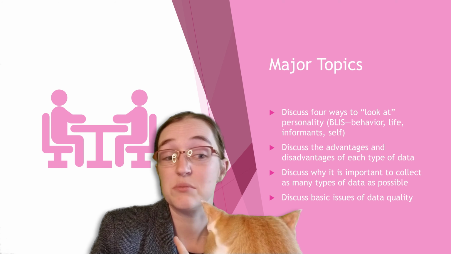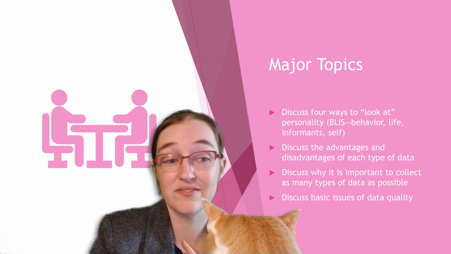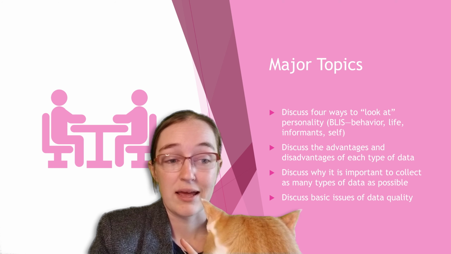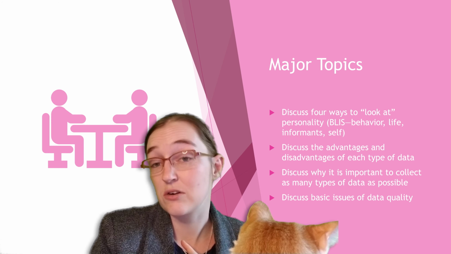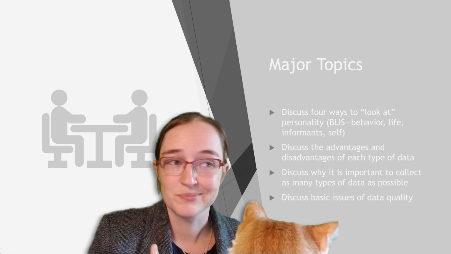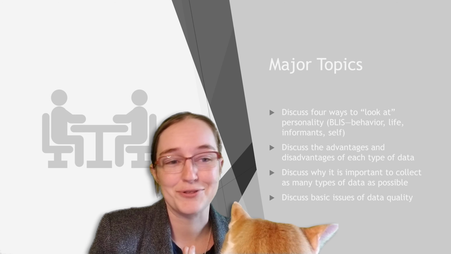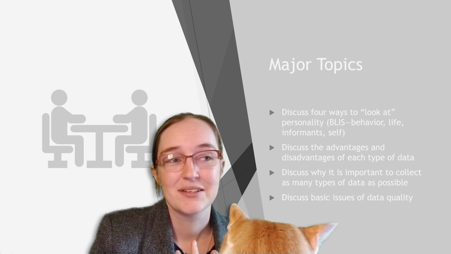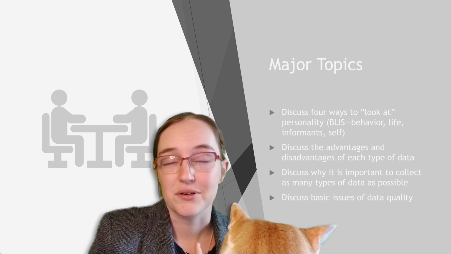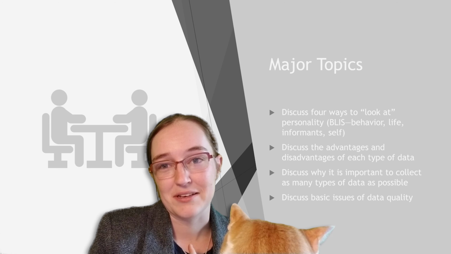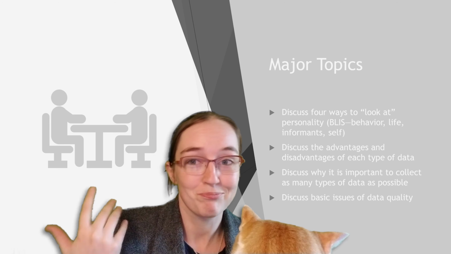We'll discuss why it's important to collect as many kinds of data as possible, and some of the basic issues of data quality. I know this might not sound super exciting, but it is. You may not think so, but I do. So enjoy.